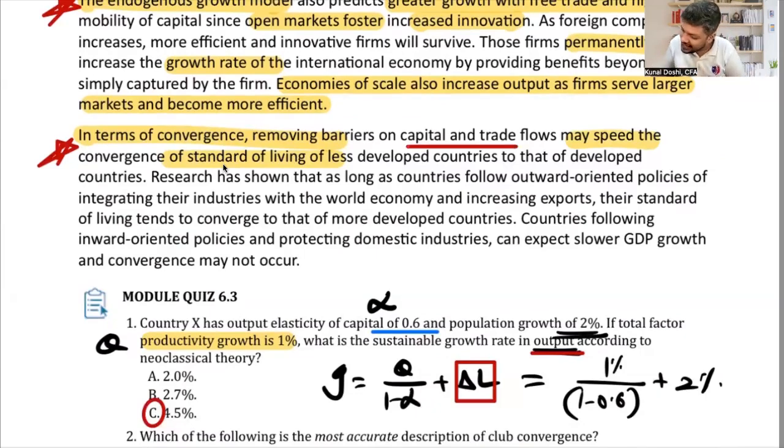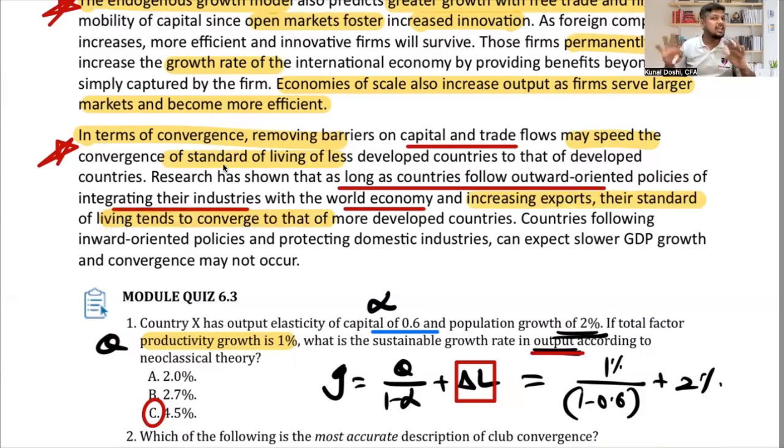Okay. Research has shown that as long as countries follow outward oriented policies of integrating their industries with the world economy and increasing exports, the standard of living converges to the developed. Basically, removing trade barriers, making your country more open for foreign trade, will improve the standard of living. No doubt in this, isn't it? Correct?